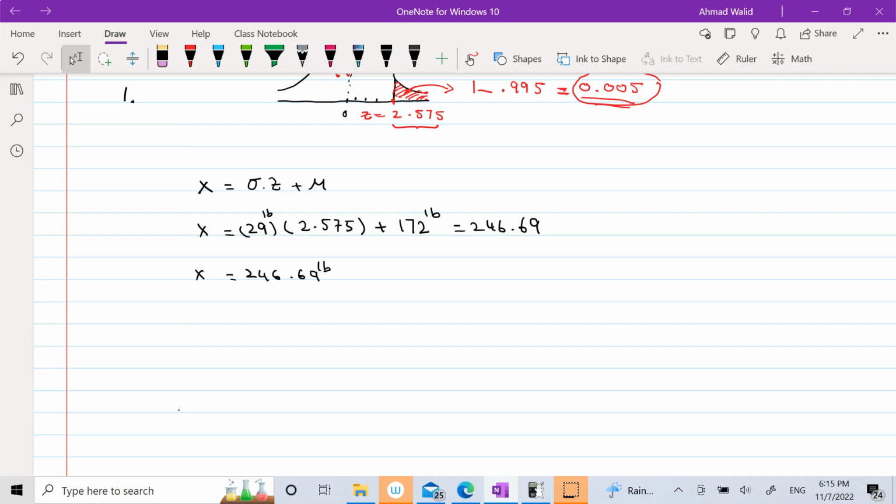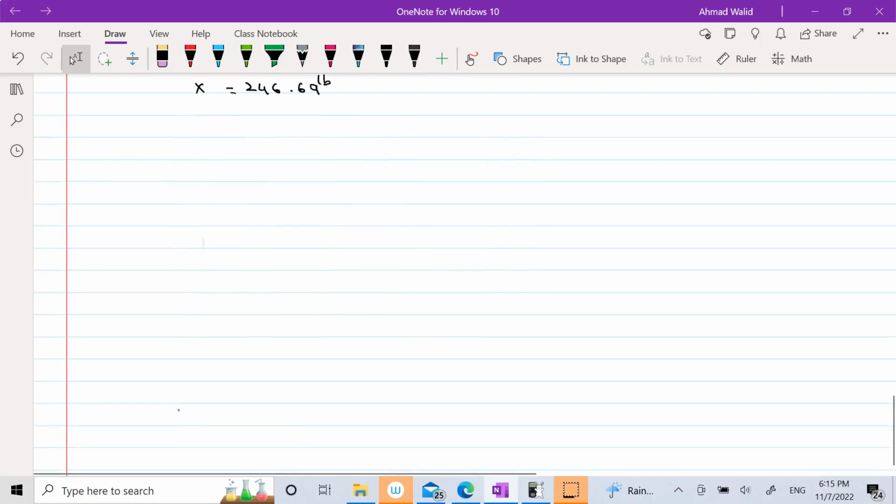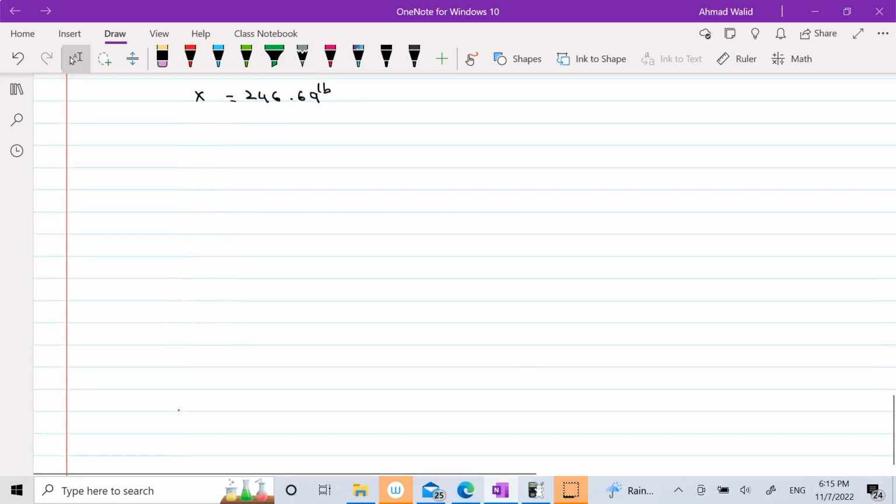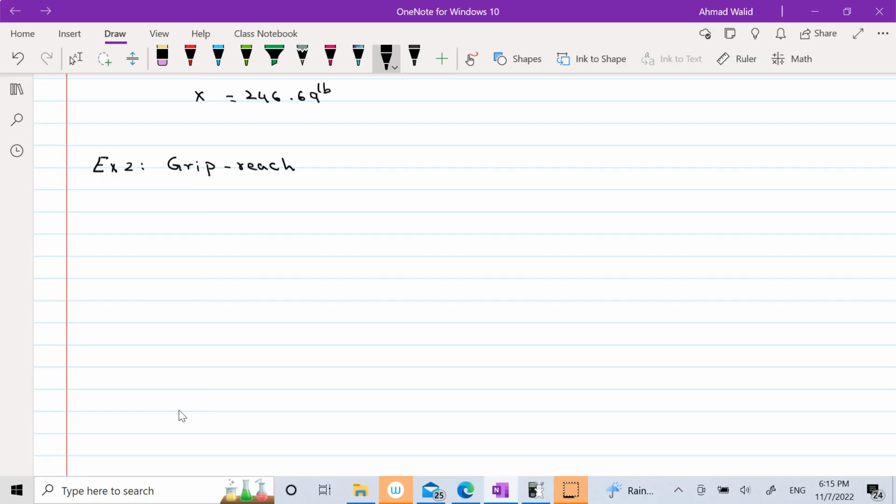Let's do another example. Example number 2. This example is about the grip reach of women, correct?